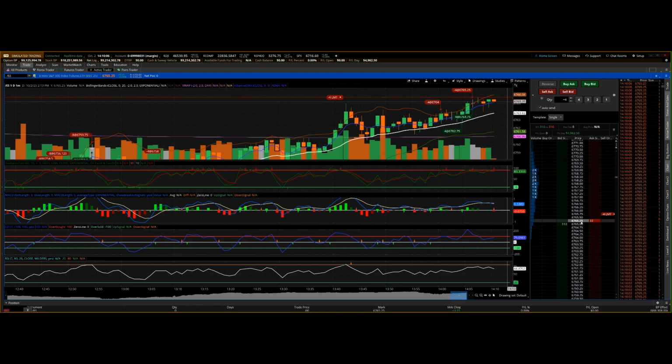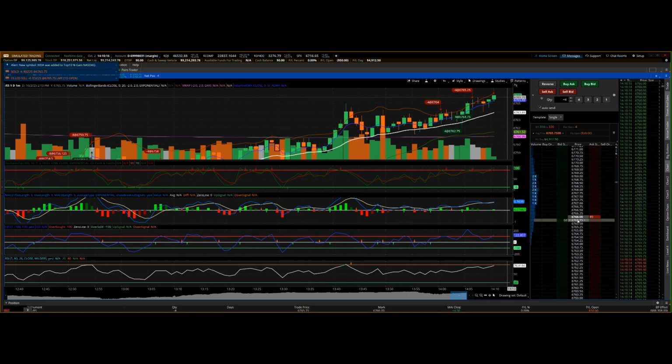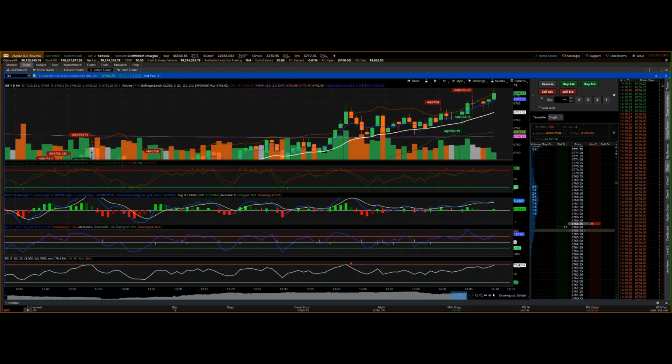Let's see, because that's a pretty strong support there. That 100 and something. Okay, I'm shorting. Now let's see if I'm gonna get burned or if I'm gonna have a successful trade, because RSI is at 78.